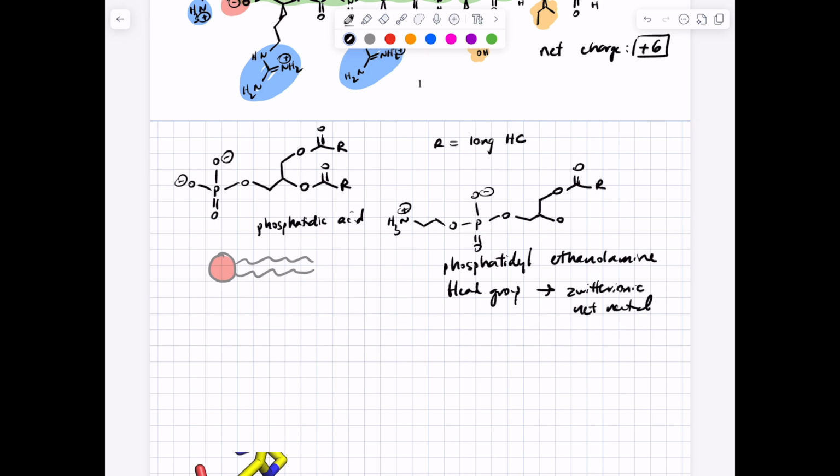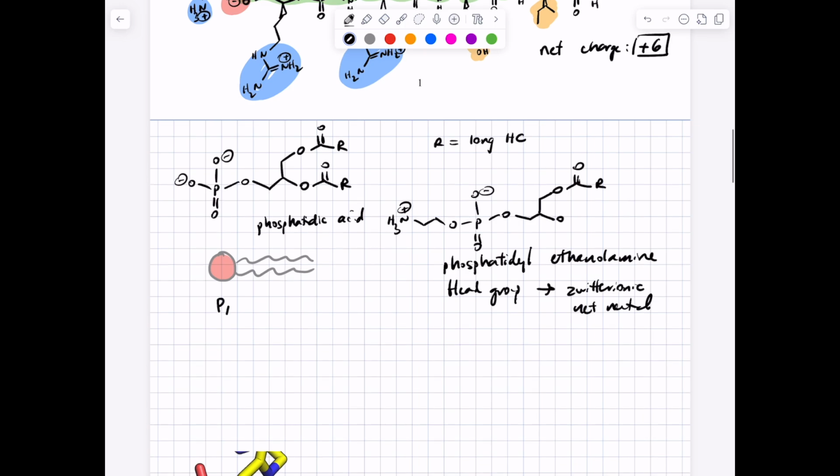Okay? So this is PA, phosphatidic acid, and phosphatidylethanolamine. We need a color for neutral. If we overlap blue and red, does that make purple? Ish. So that's phosphatidylethanolamine. It's neutral.